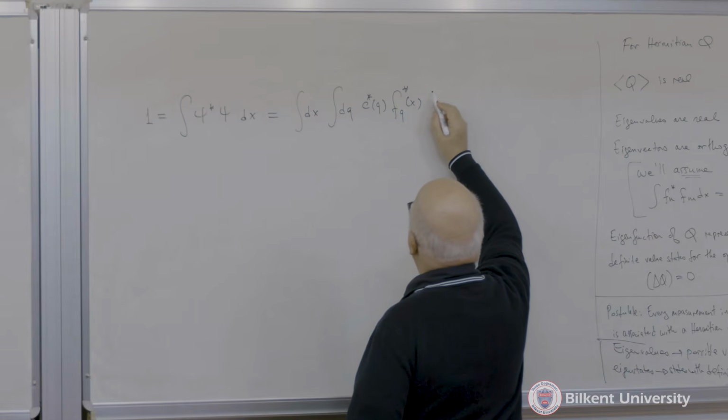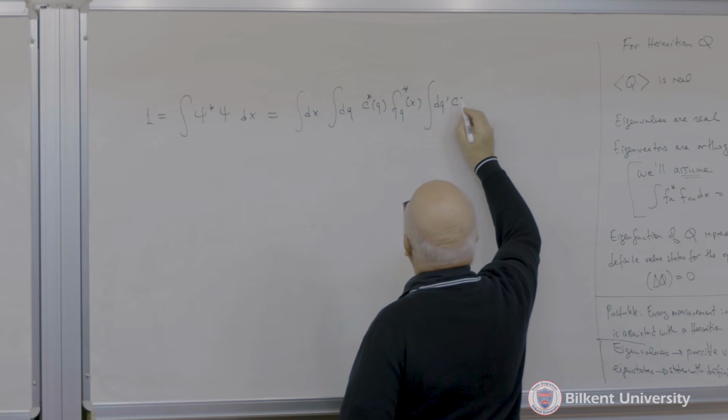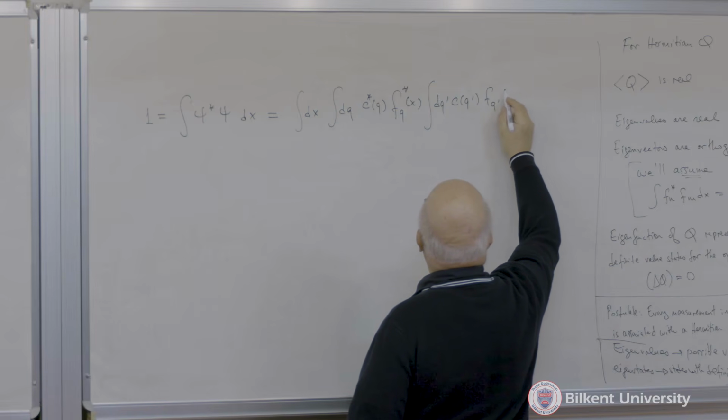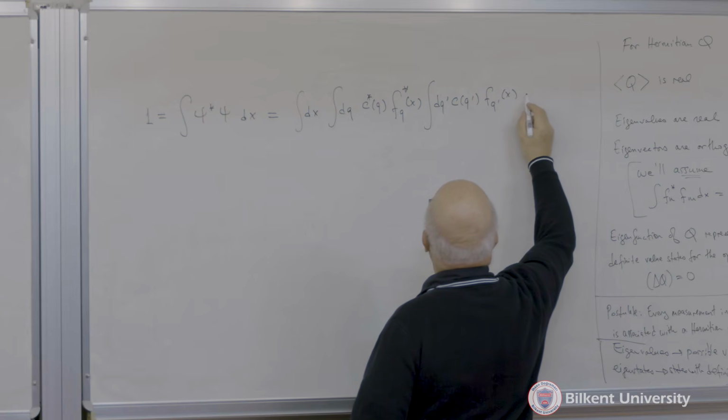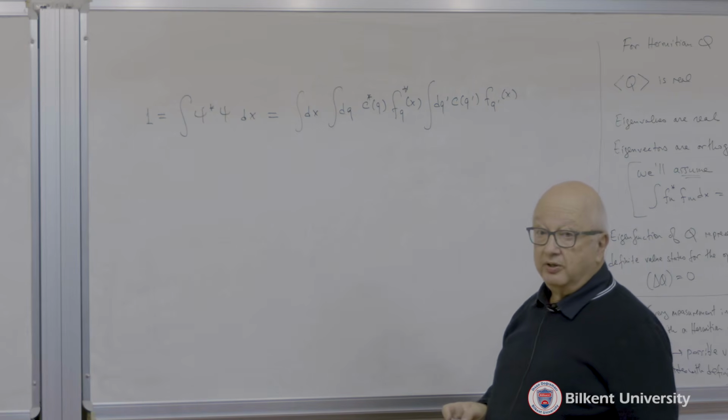So that's going to be a different integral, okay, dq prime, c, no star anymore, c q prime, f q prime of x, and dq prime I have already written. Okay, so that's my integral now.